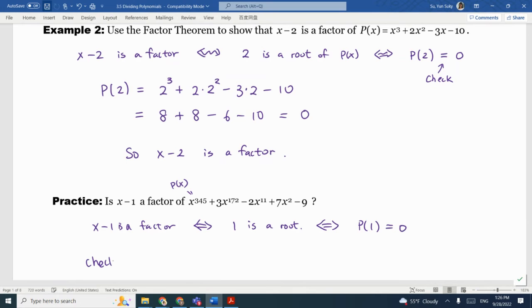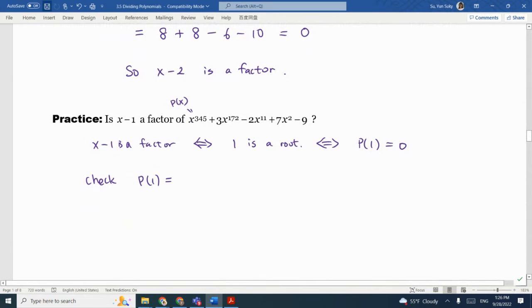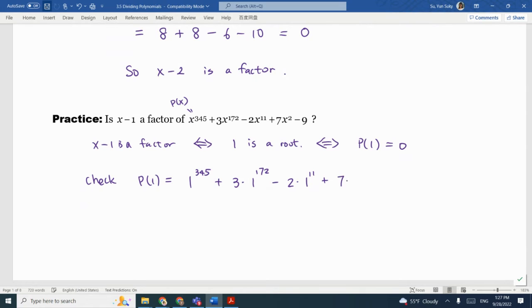So let's check. P of 1 equals 1 to the 345 plus 3 times 1 to the 172 minus 2 times 1 to the 11 plus 7 times 1 squared minus 9. Yes, everybody?